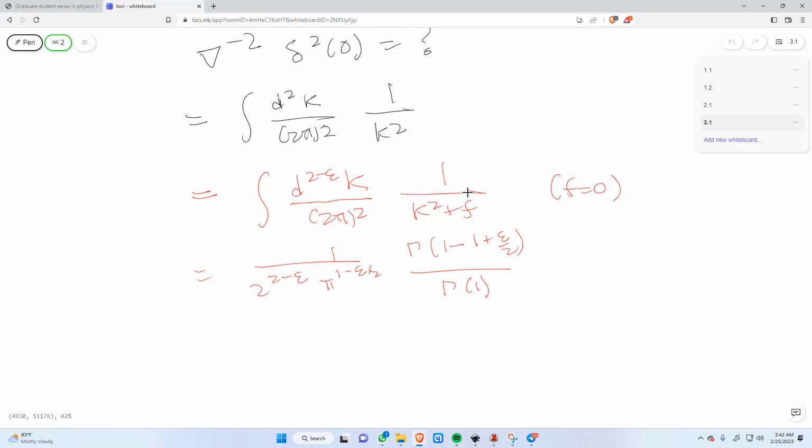And no, wait, one last thing. f to the 1 over epsilon divided by 2. And okay, we need to actually take a step back and do some more stuff.